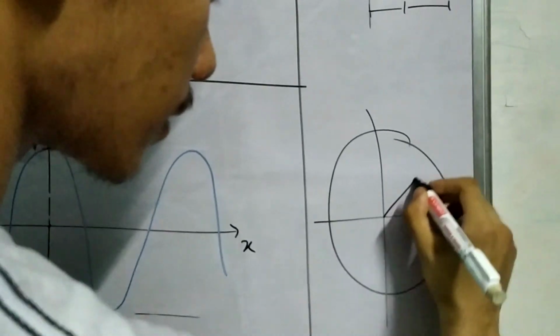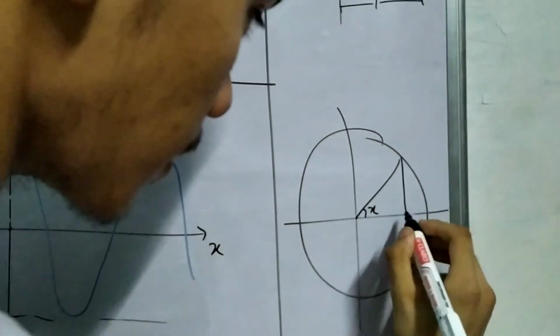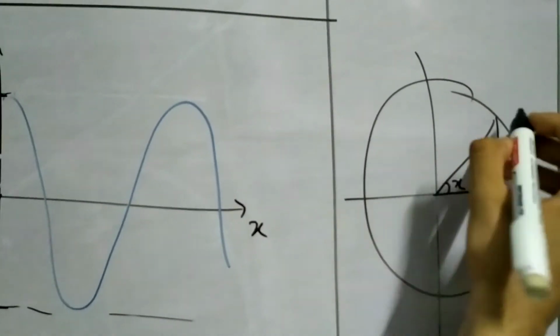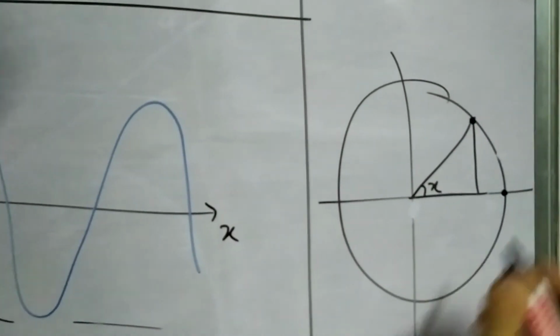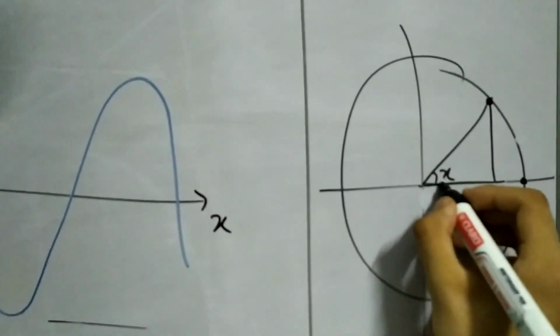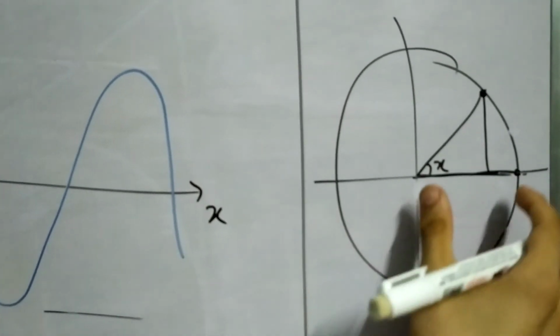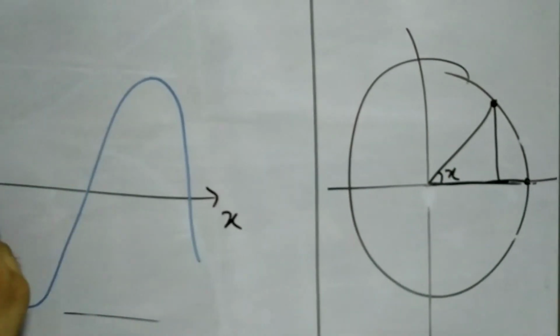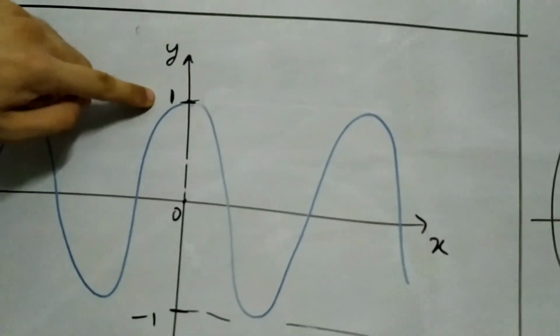Cos is nothing but the base, this part. So when this point is right on this axis, x is 0, and this has a maximum value of cos x, which is 1. So at 0, this is 1.